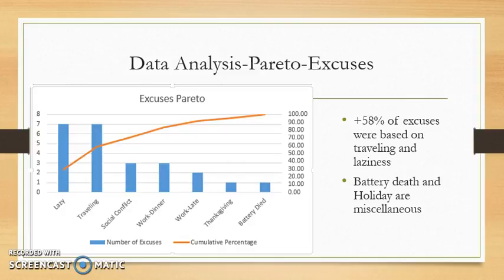If you look here, the main two are laziness and traveling. 58% of those excuses came out to be traveling and laziness, so obviously there's a big issue there. And at the end, some more miscellaneous ones would be the holidays, with Thanksgiving, and one day my battery on my fitness tracker died, so no steps were accounted for.